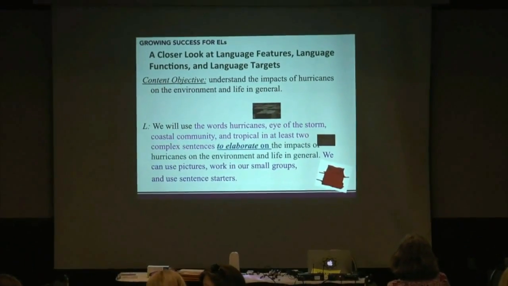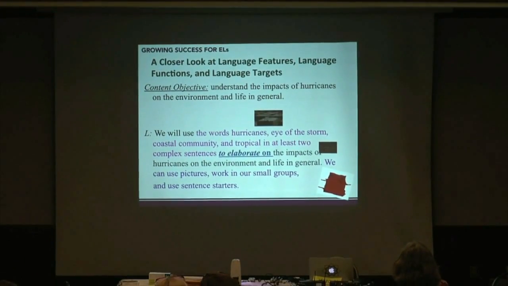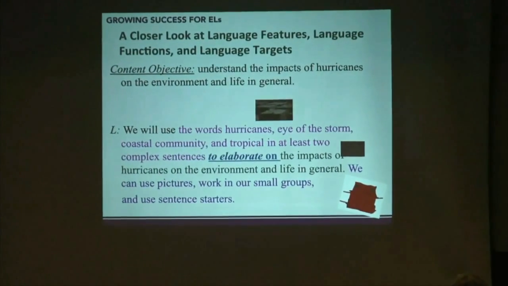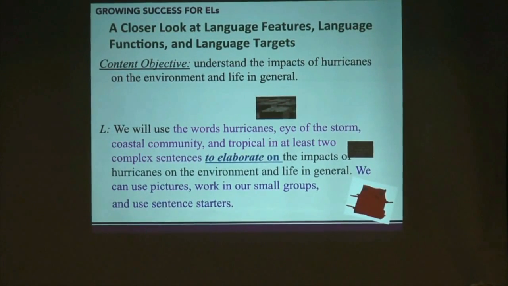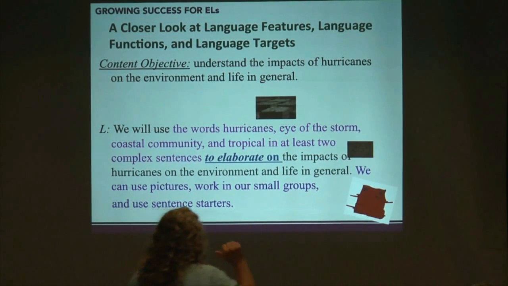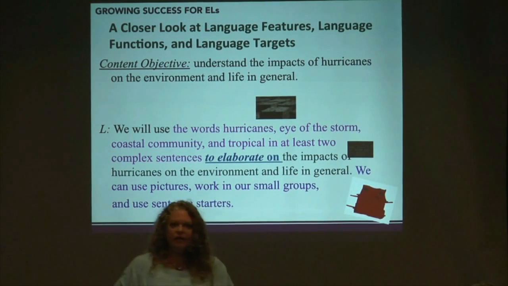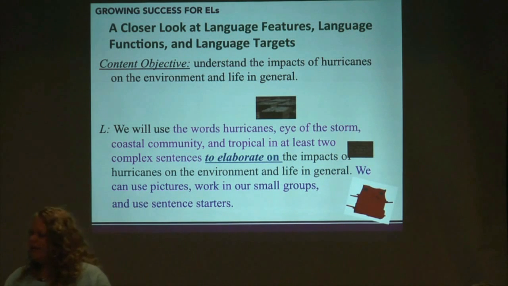Same content objective. Now we're going to go even more into detail today, guys. We have some really important words to learn. Bricks. And those words include hurricanes, eyes of the storm, coastal community, and tropical.